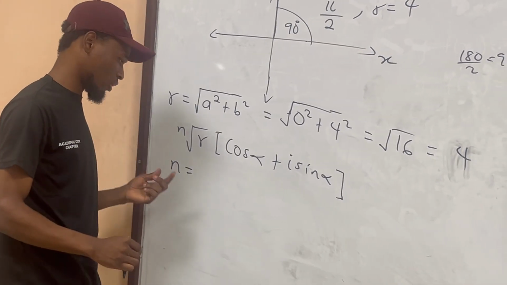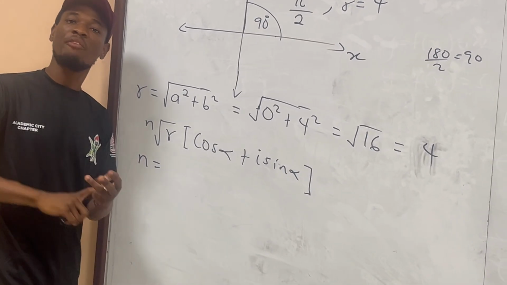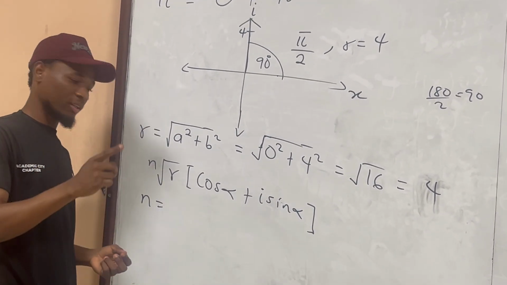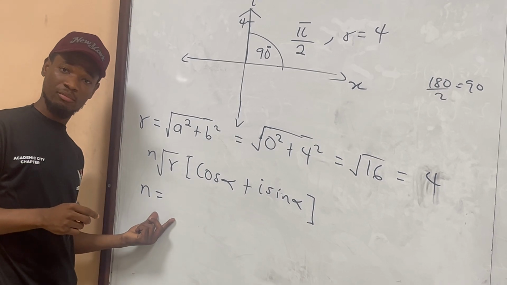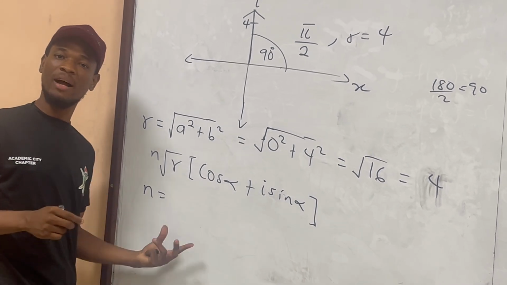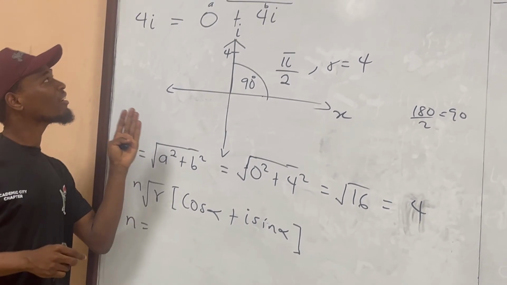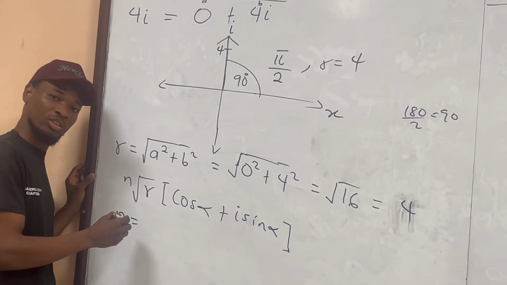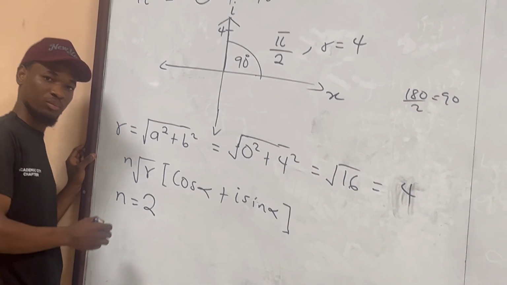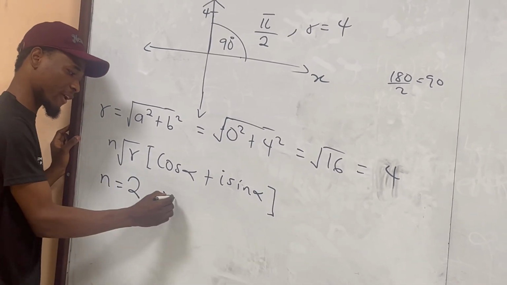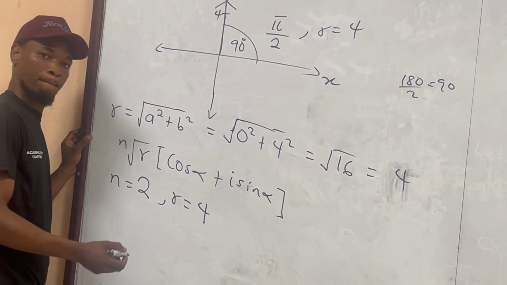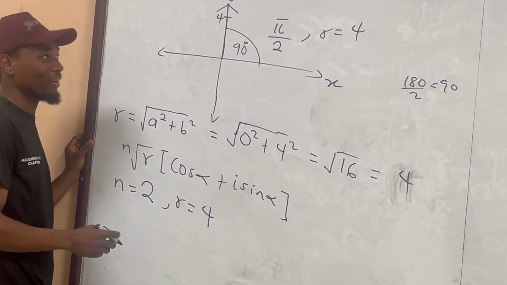Whenever you are asked to find the square root, find the cube root: cube means 3, to the power 3, so n becomes 3. Find the 4th root, n becomes 4. But here we have find the square root, so square is 2. So therefore n is equal to 2. Then my r here equals 4. As simple as that.